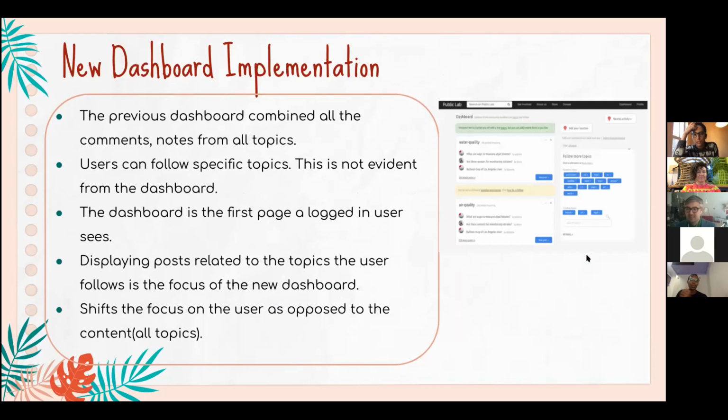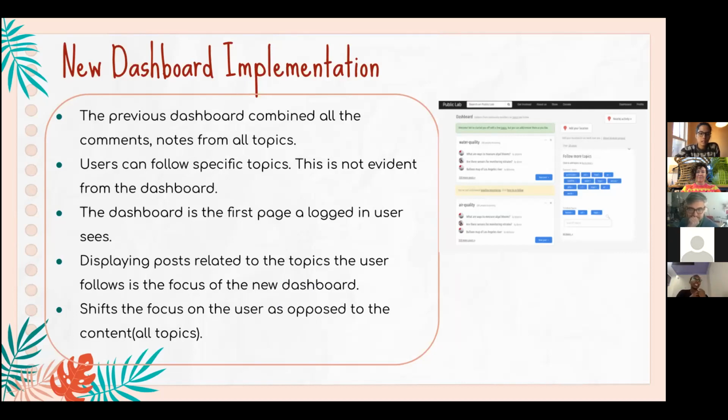So with the new dashboard implementation, it was different from the current dashboard, because the previous one had all the activity in Public Lab thrown onto the dashboard. That was a lot of noise for a user, because they could see all the comments from different posts, all notes, research notes from all topics, like the new ones.